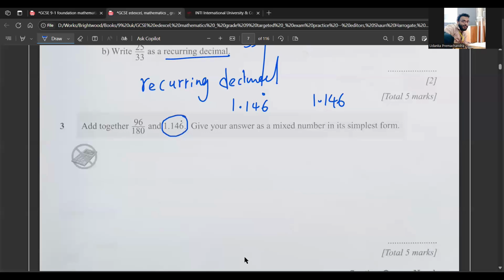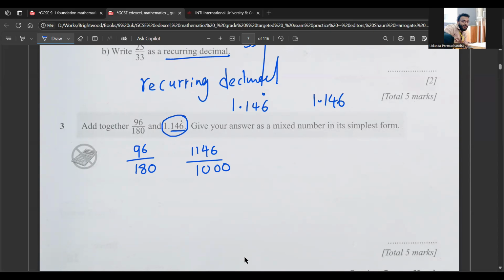Just think. Here actually 96 over 180, and this one has three decimal points. If they are having three decimal points, actually that is 1,000. 1146 divided by 1000. Like this.